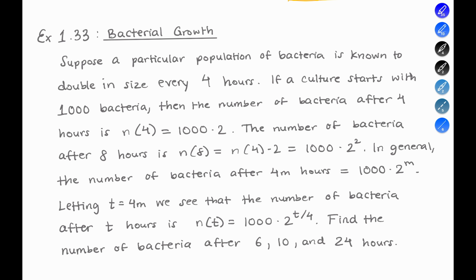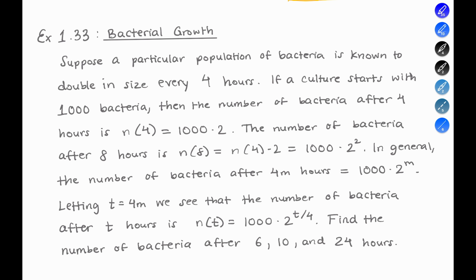Now let's take a look at this example problem. It says, suppose a particular population of bacteria is known to double in size every 4 hours. If a culture starts with 1,000 bacteria, then the number of bacteria after 4 hours is n of 4, which is equal to 1,000 times 2. The number of bacteria after 8 hours, n of 8, is equal to n of 4 times 2, which is equal to 1,000 times 2 squared.